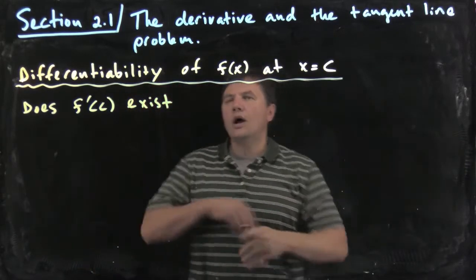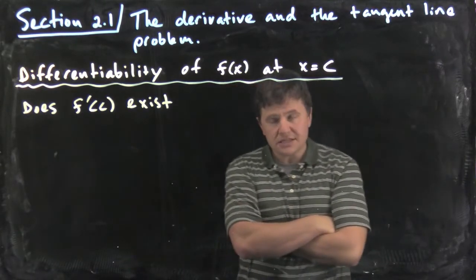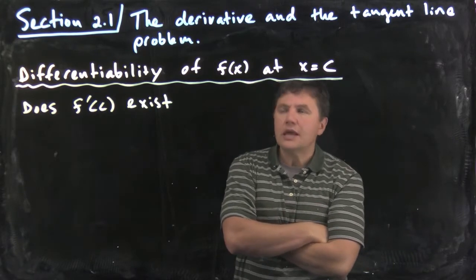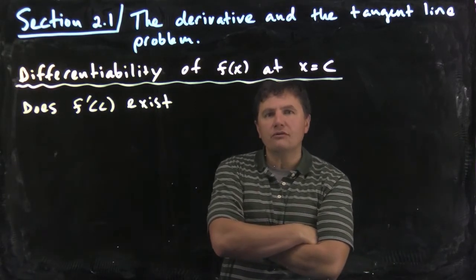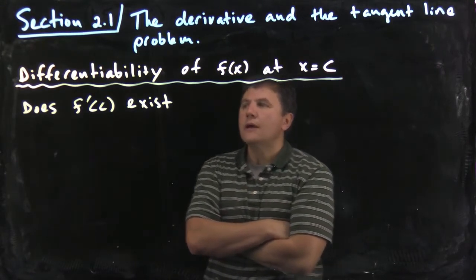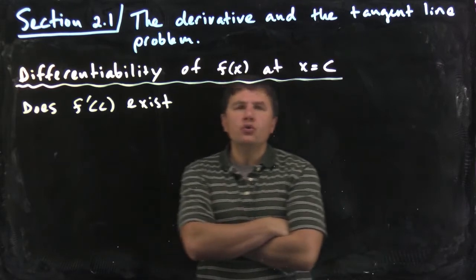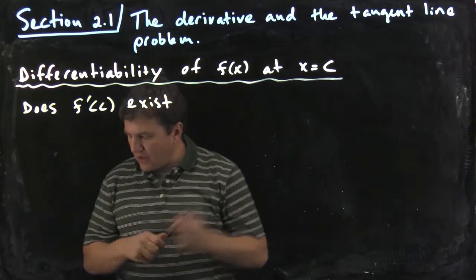So like I said, we're going to talk now about differentiability of f of x at x equals c. Differentiability just means, does this have a value for the derivative at a particular point? In other words, is there a value that represents the slope of the tangent line? There's a few things to look out for here, but basically the discussion is, does this limit exist?